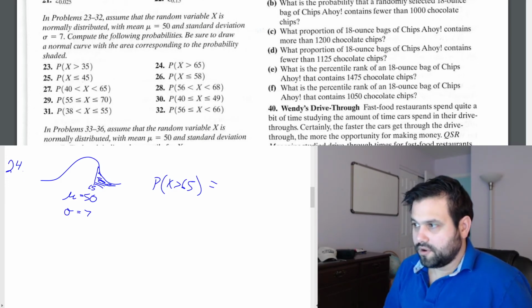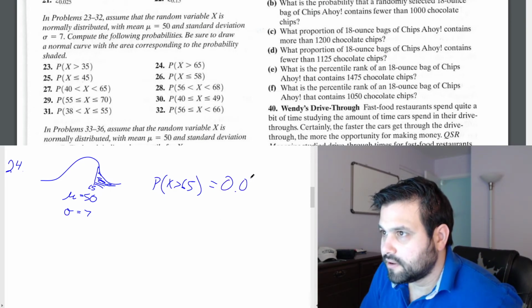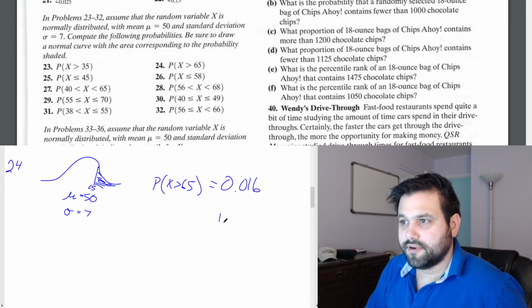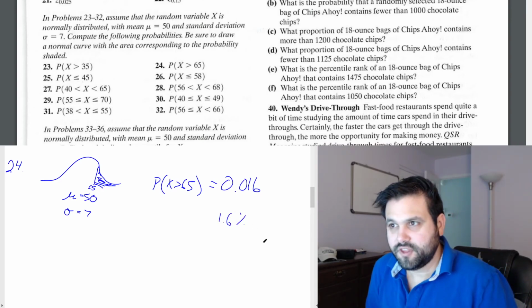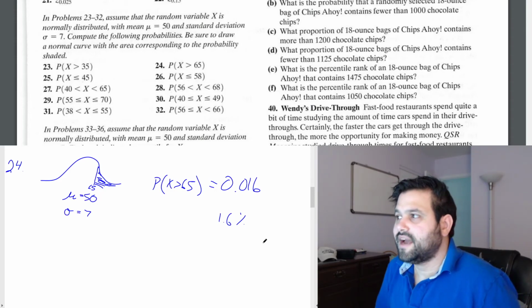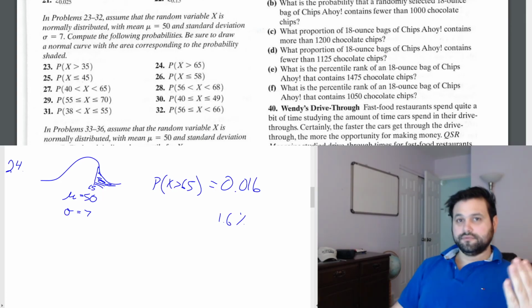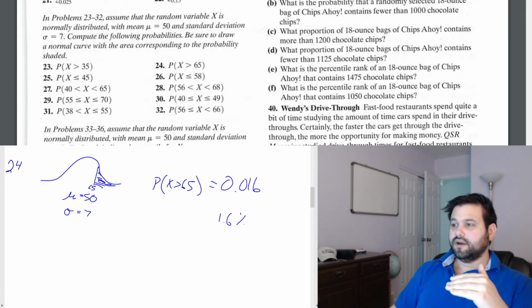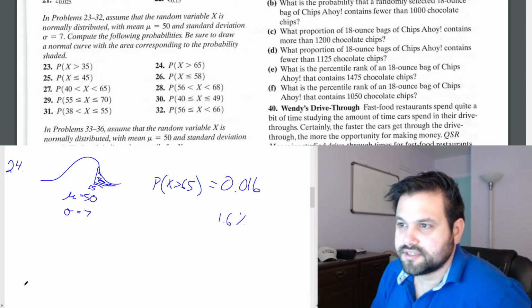So a 0.016, right? And I can leave that as a decimal. I can write it as 1.6%. It doesn't really matter. Okay, what does matter is if we're using inverse norm, we have to use the decimal, right? So if I wanted to do this in the other direction, this is good to talk about.